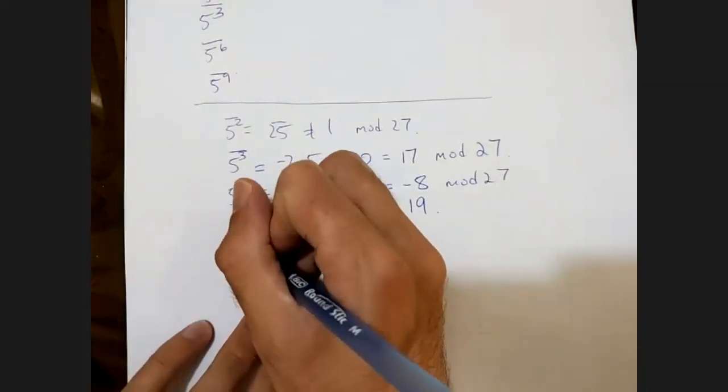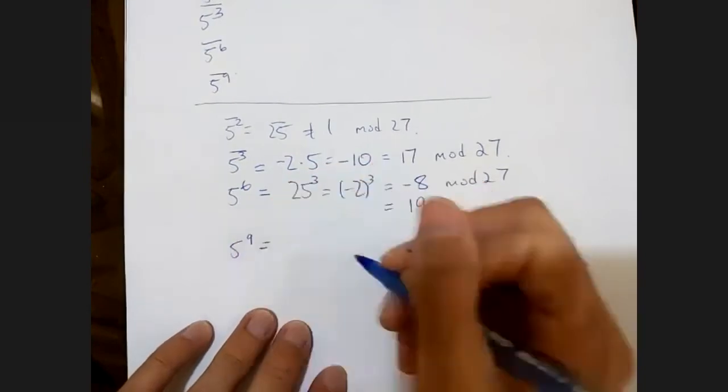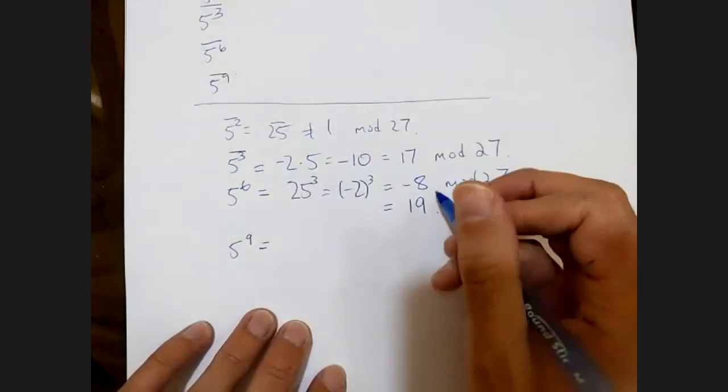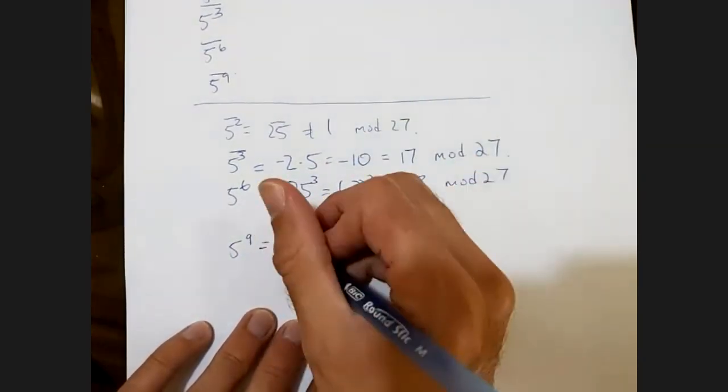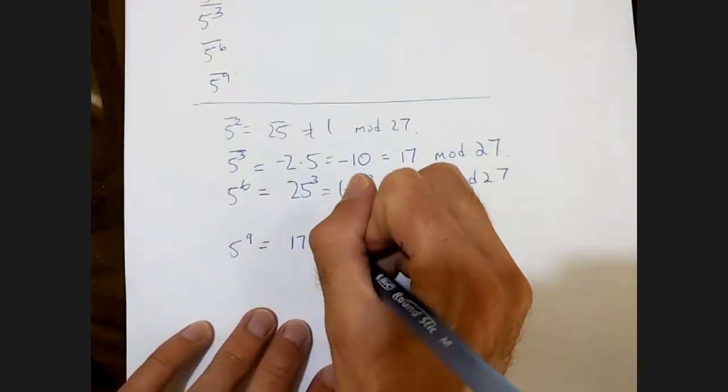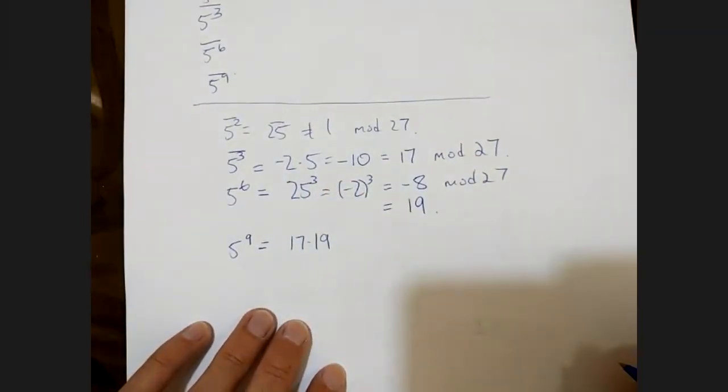So what is 5 to the 9th? Well, we can write it as 5 cubed times 5 to the 6th. It's just 17 times 19. I guess that's like 18 squared minus 1.